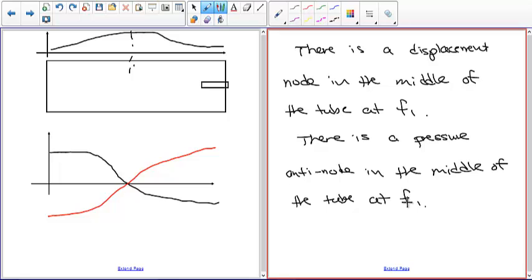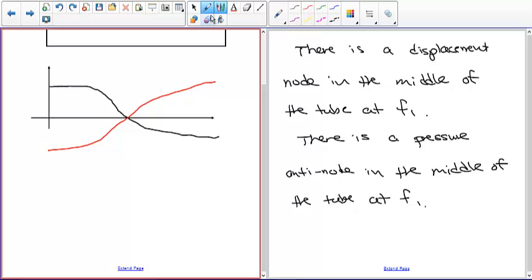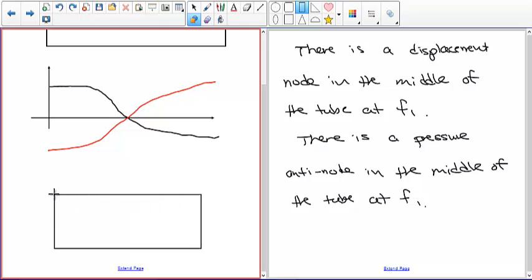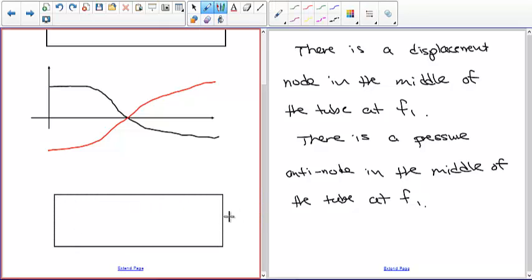Now, if you have a tube closed at one end, we'll draw another tube with some way of showing that it's not open. So this is the closed end. From a displacement standpoint, it can't move because there's a solid wall.